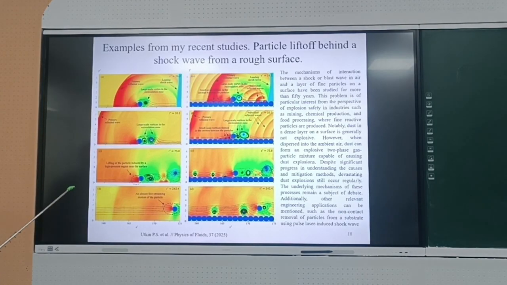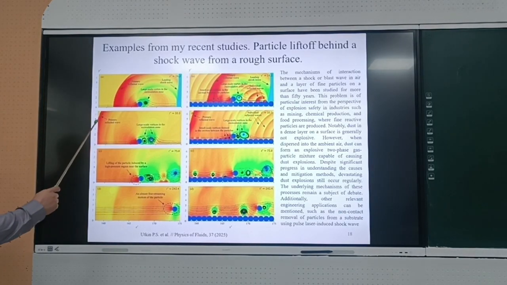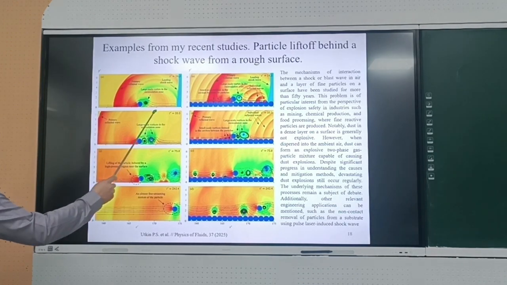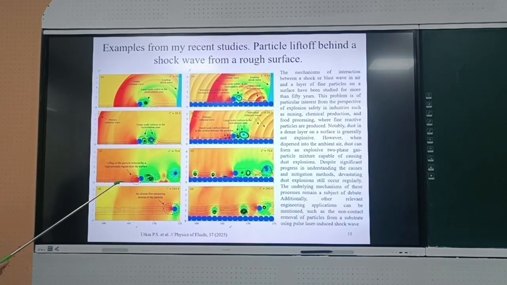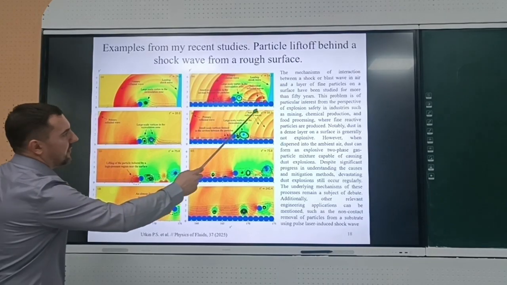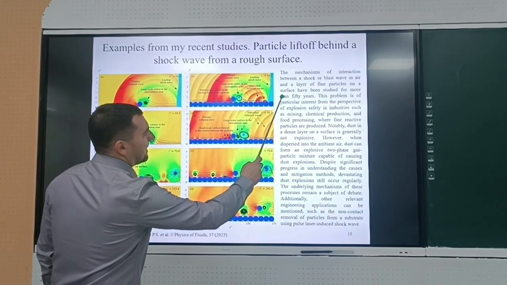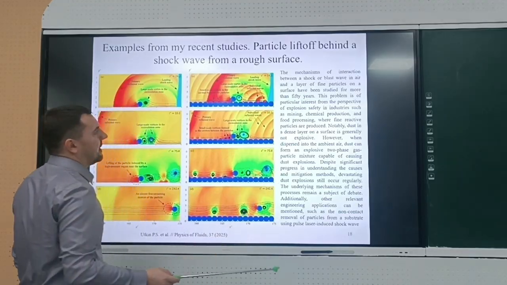It's a problem about particle lifting from the surface. So actually, this is a classical problem in the field of explosion safety issues, because of the mechanism of interaction between a shock wave in air and a layer of fine particles.